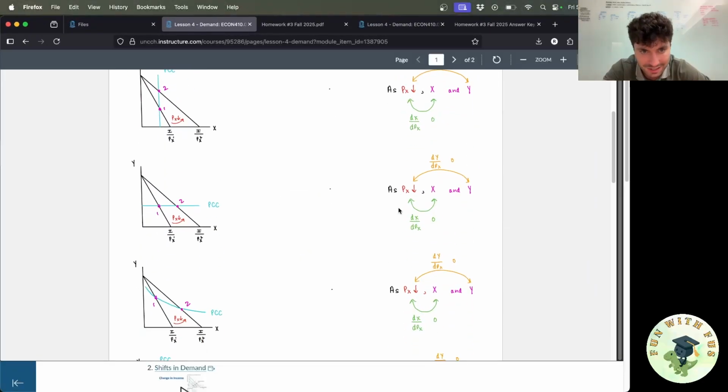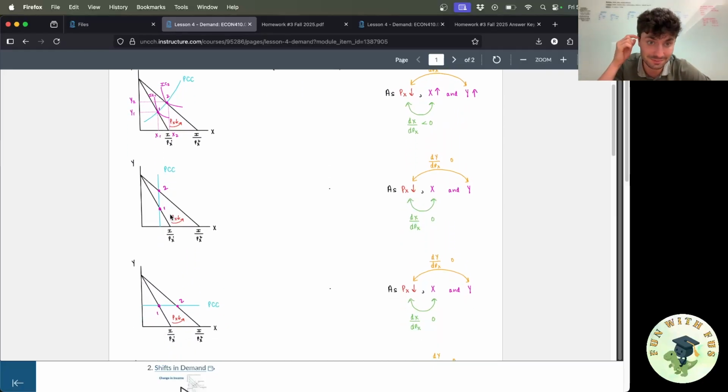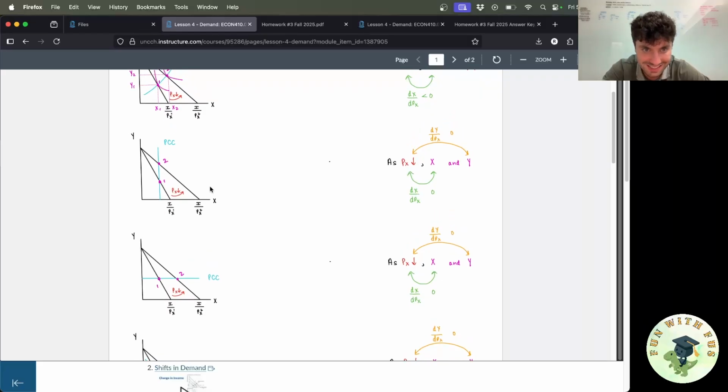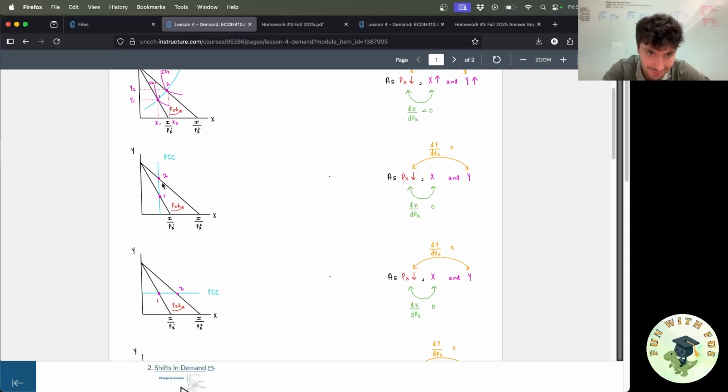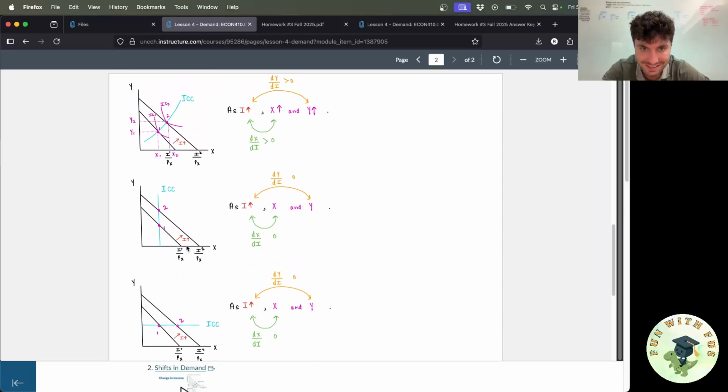I definitely would not commit to memory how the derivative response changes with respect to these things. How I think about ICCs and PCCs is I always just shift the price. Typically it's downward just because I like to move away from the origin, and my income will typically be up, and from there I just piece it together with however the question is asking me.